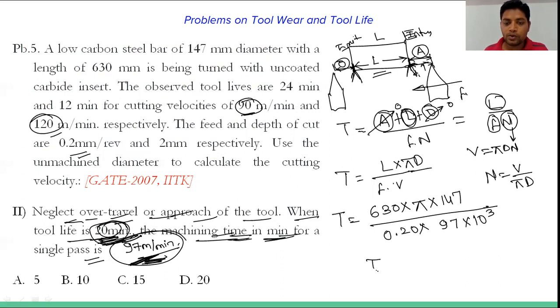When you calculate the value, what I'm getting is 14.997 minutes, or approximately 15 minutes. So this is the answer.